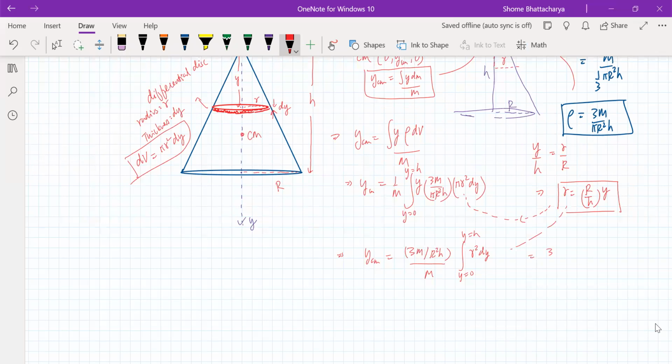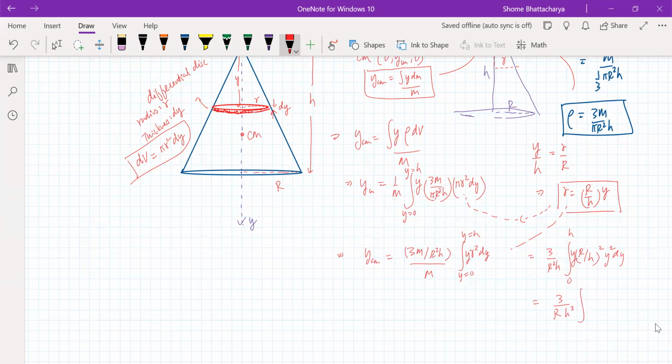So this will become 3 upon R square h, M is cancelled out, and now r by h whole square. So I have now 3 upon R h cube. There was a y inside initially, so this y is also there. So this will become y into this thing.